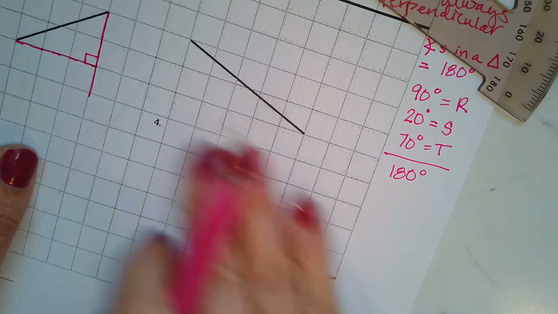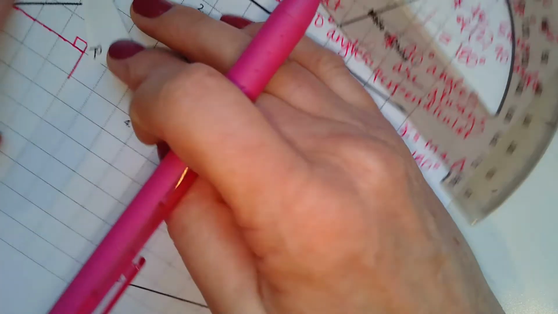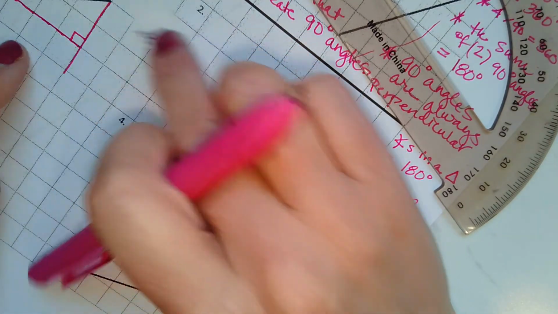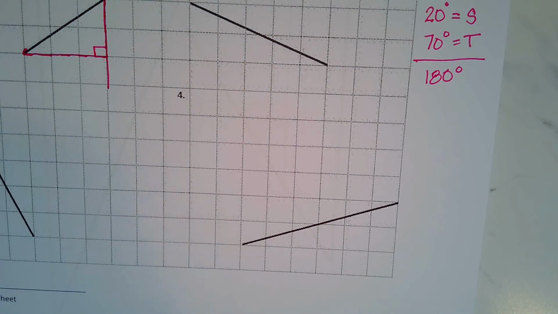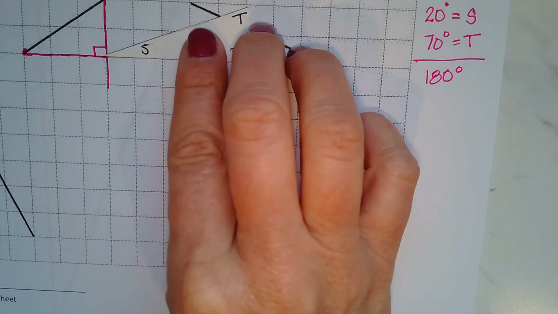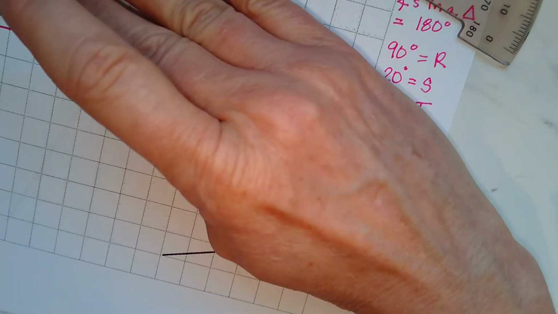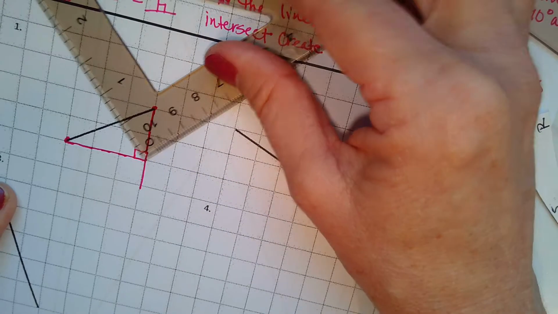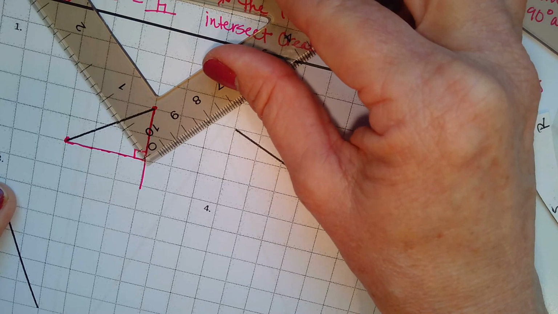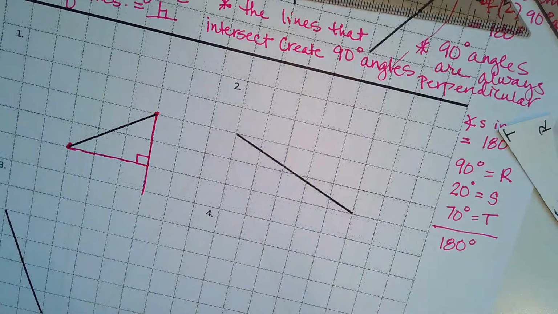Now, how would I create a perpendicular line with this line segment? We could use our triangle. How would we know that that's perfectly perpendicular? Could we use our set square and create another perpendicular line through this line segment here?